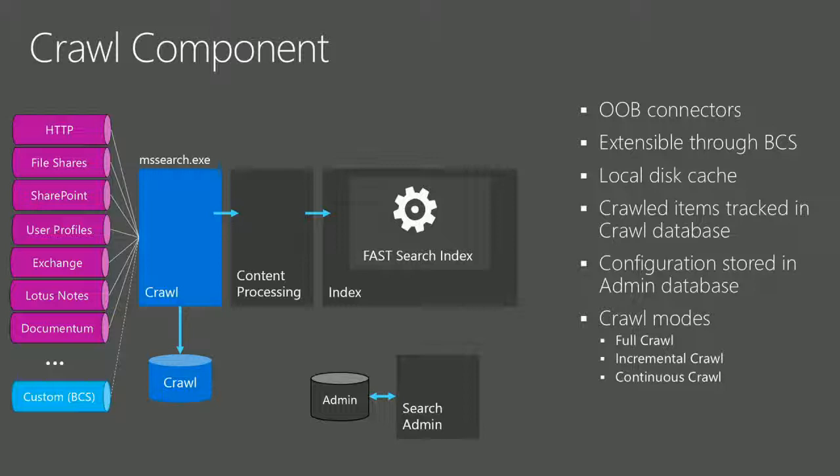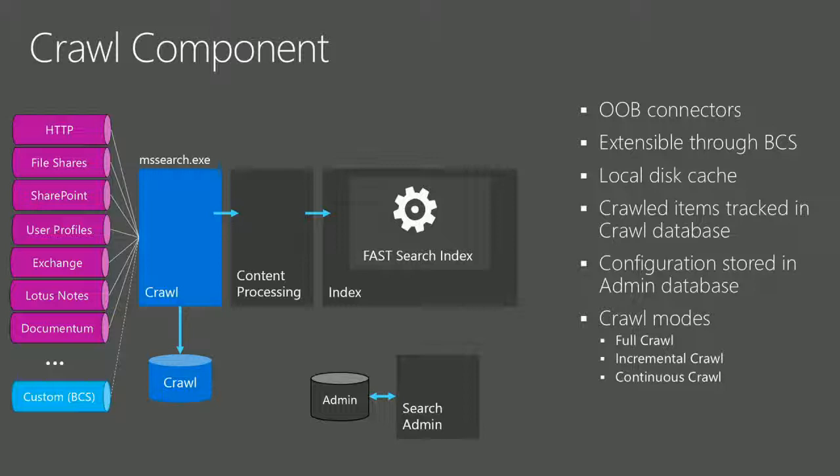The purplish things you see there on the left side are the out-of-the-box connectors. They include SharePoint sites, user profiles, HTTP file shares, Exchange, Lotus Notes, Documentum, custom BCS on the bottom.